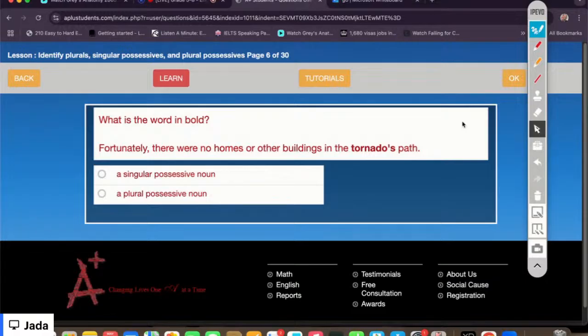So fortunately there was no homes or other buildings in the tornado's spot. Singular possessive or plural possessive?